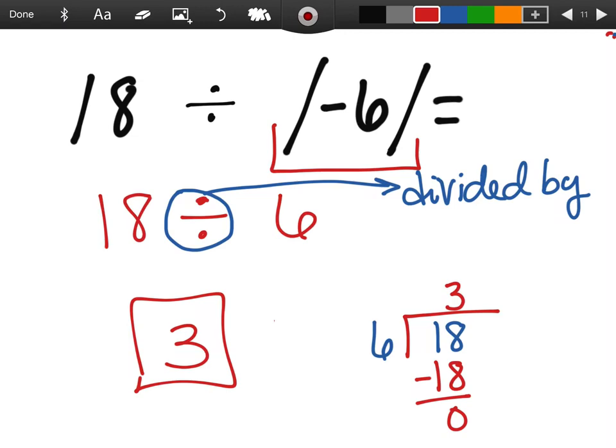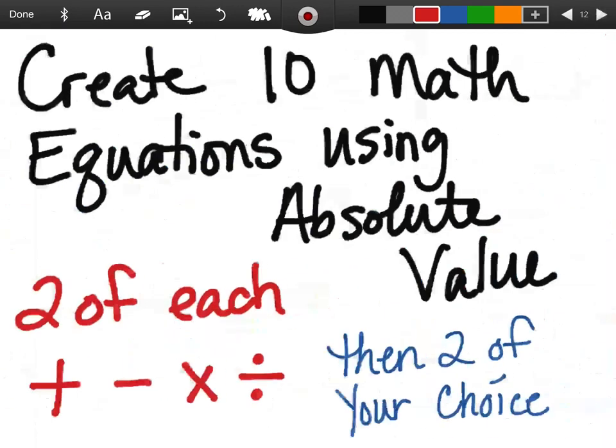Okay, so I have a challenge for you. Your challenge is to create 10 mathematical equations using absolute value in all of them. Now, do all your numbers have to have absolute value? No. You can mix and match, that's fine, but you must use absolute value in your equations somewhere.